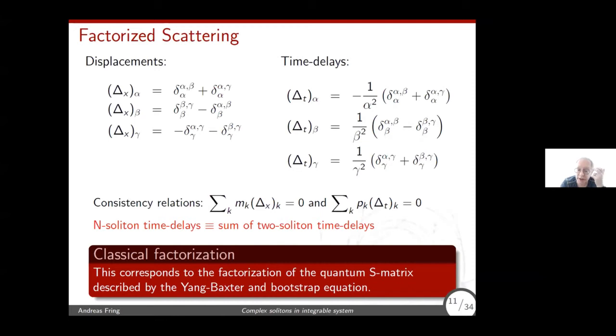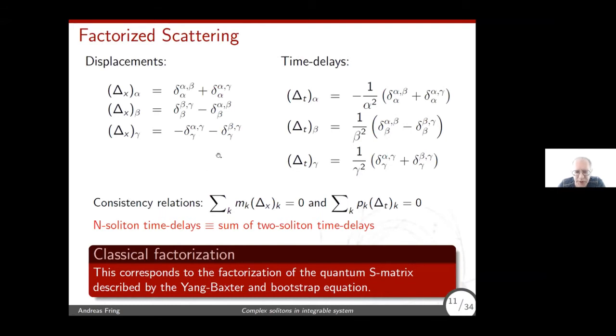And the underlying equation in this context is the Yang-Baxter equation if you have backscattering. If there's no backscattering, then it's referred to as the bootstrap equation, where you use the factorization property on a fusing process. And this is the classical analog to this.